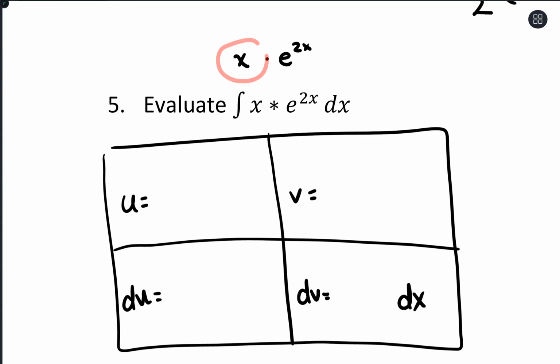And x is pretty flexible, easy to take the derivative of, also easy to take the antiderivative of, so not too many worries in terms of x, but e to the 2x, definitely more comfortable taking the derivative of that. So e to the 2x is going to be u, which means dv is going to be x dx.